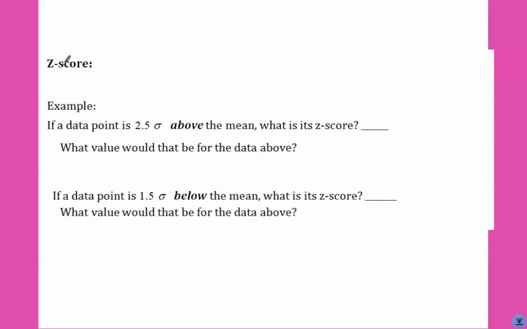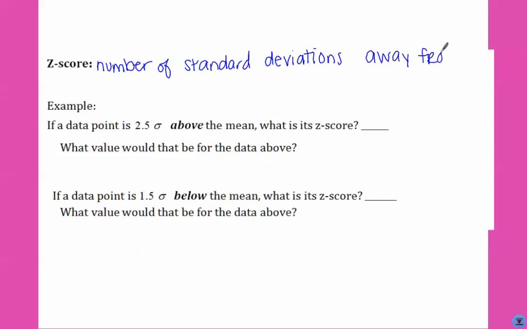All right, so next we're going to talk about z-scores. A z-score is the number of standard deviations away from the mean.